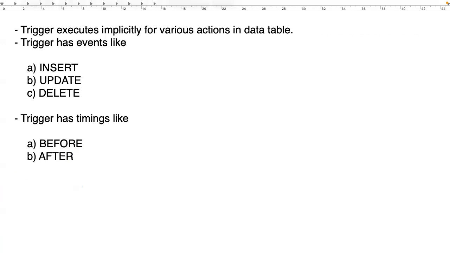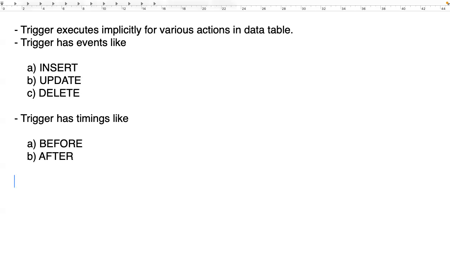Generally, before inserting, we need to verify the data that is inserted. That means we can create a validation trigger. The validation trigger will verify whether the data entered is valid or not. If it is valid, then it will insert.